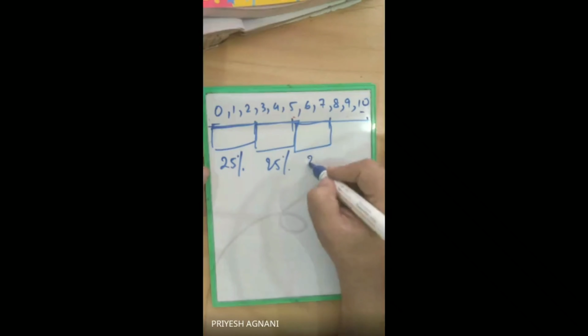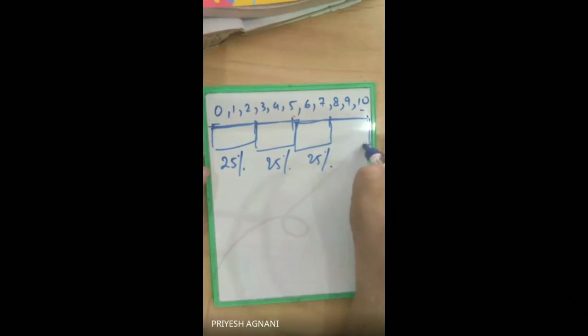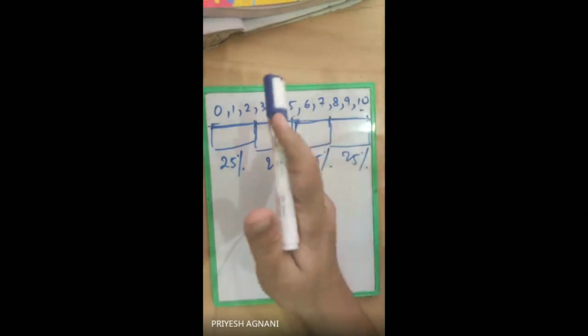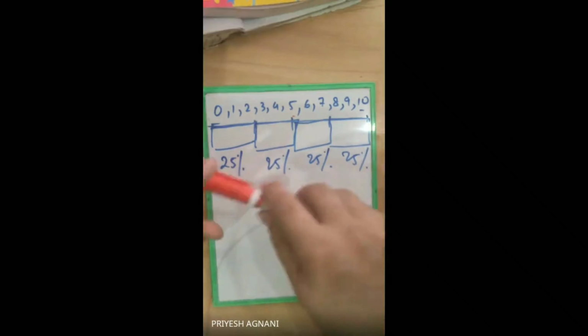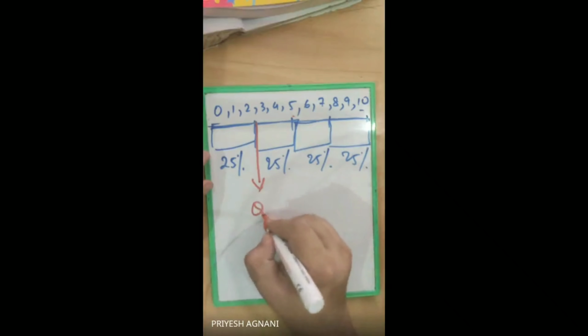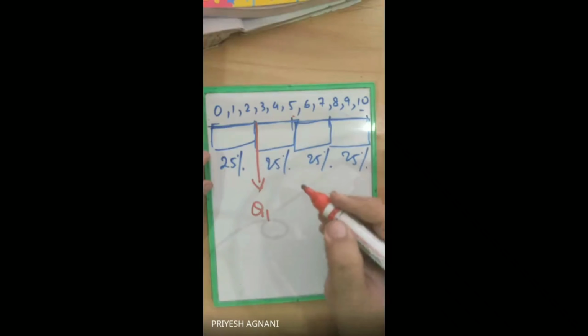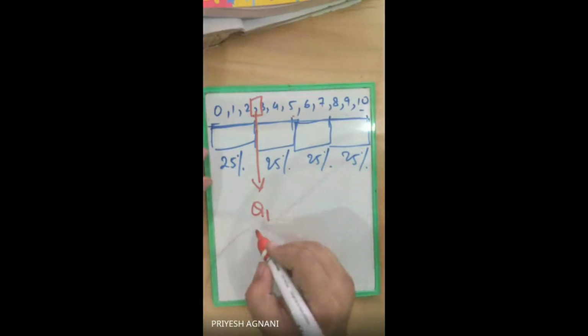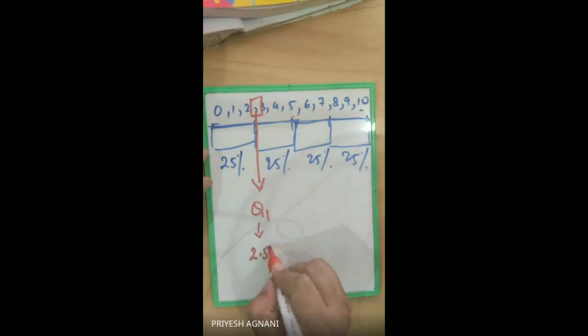This is again 25%. This is the last 25%. We divide the whole range into 4 different parts. So at the first point here, we get quartile 1. The value over here is known as quartile 1, that is 2.5.